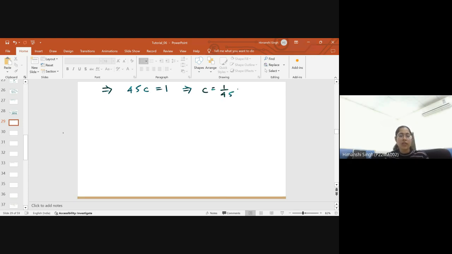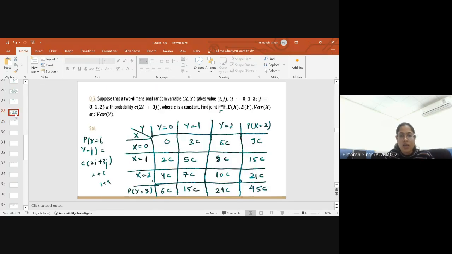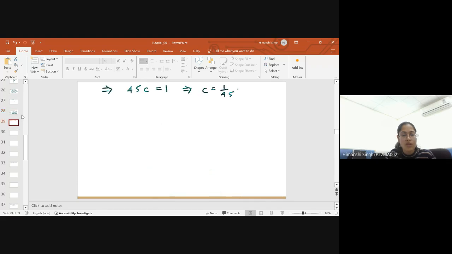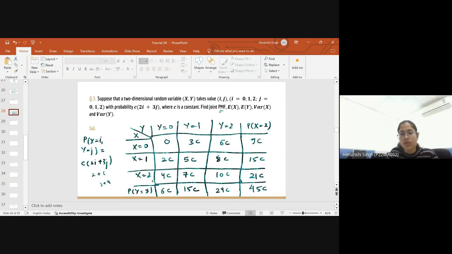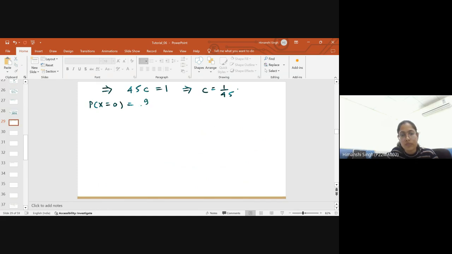Because we need to find the expectation and all those things, we should know about c. Now further we need to calculate the marginals. Probability X equals 0 is 9c, that is 9 by 45, which is 1 by 5.